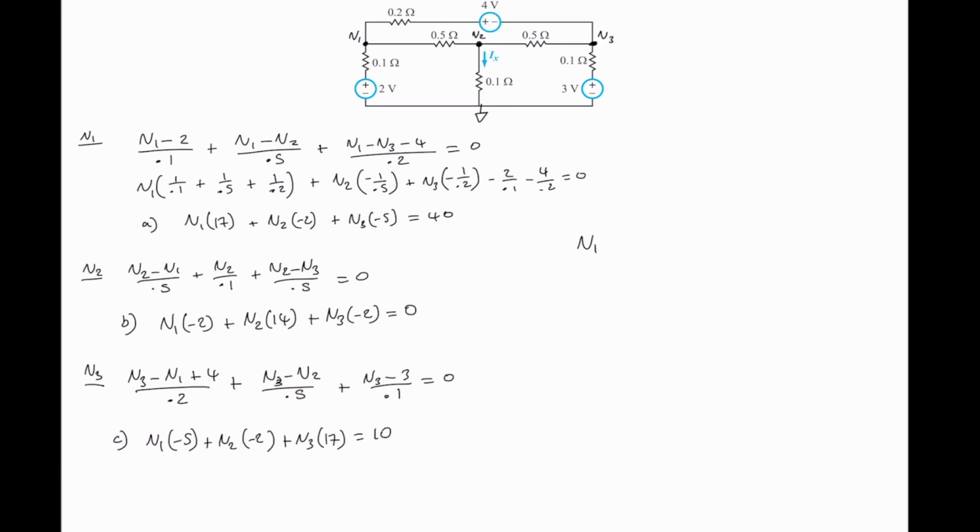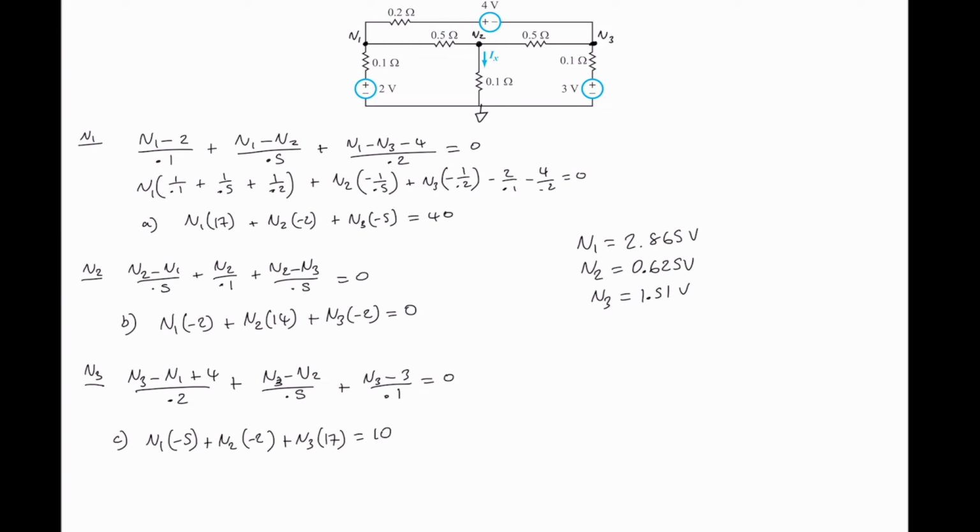V1 is equal to 2.865 volts, V2 is 0.625 volts, and V3 is 1.51 volts. To find Ix, we want to know the voltage across the 0.1 ohm resistor, and that's the voltage at terminal V2.